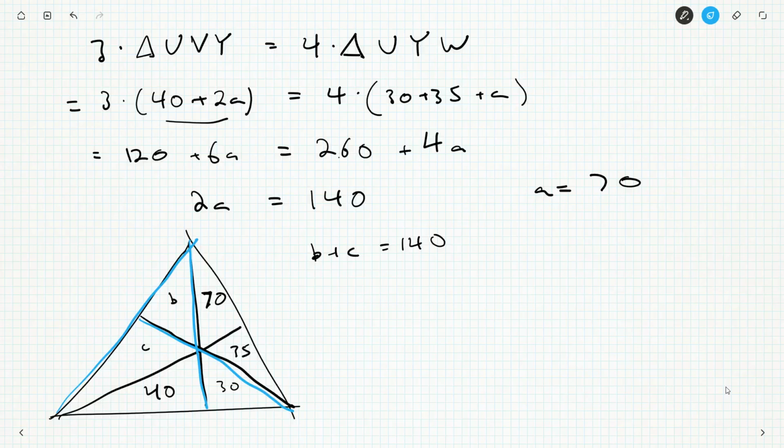So I can figure out the ratio. So this ratio is 2 to 1 on that side. I know this is 4 to 3. I don't know what the ratio of B to C is.